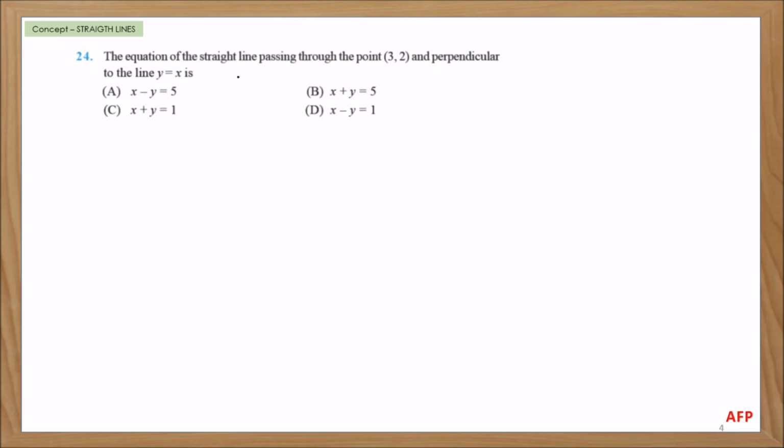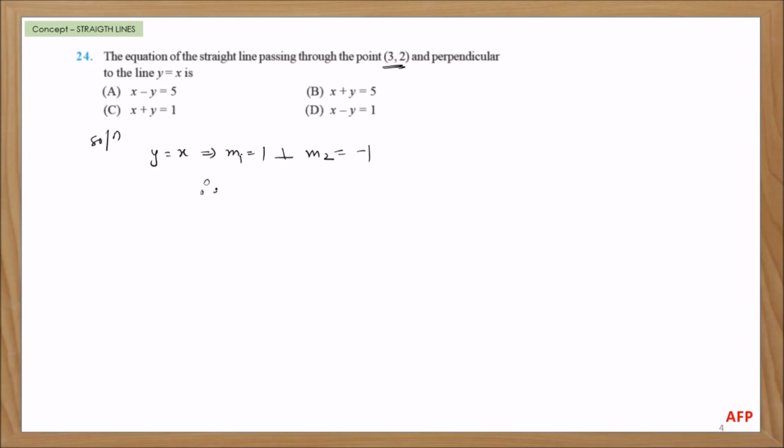The equation of a straight line which passes through the point 3, 2 and perpendicular to the line y is equals to x. So your slope is 1, and the perpendicular slope m2 is nothing but minus 1. So what we can do?